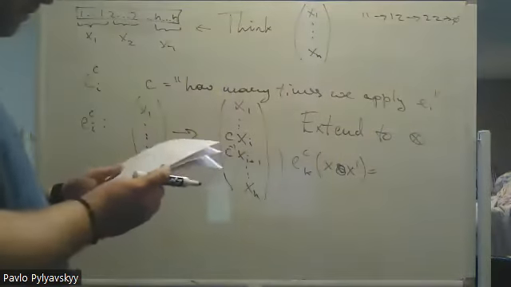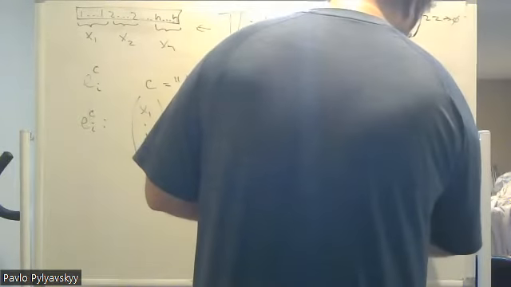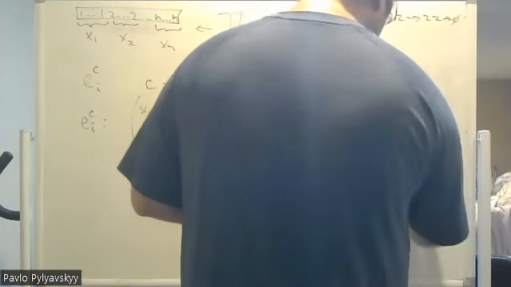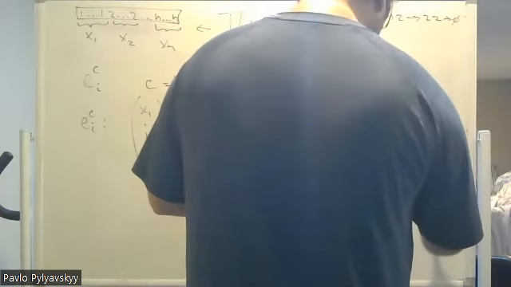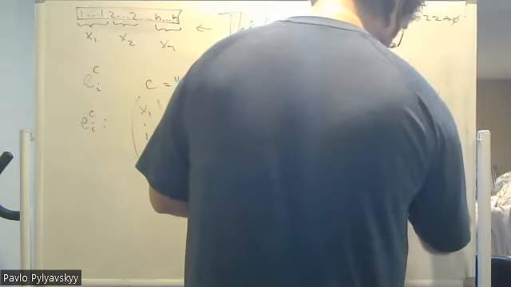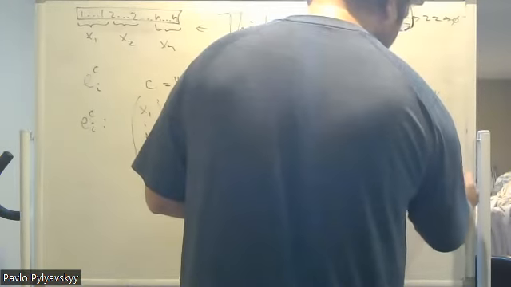So the answer is as follows. It splits this parameter c. It acts with some chunk of it, which we call c plus, on x, and then it acts with the remaining part, c minus c plus, on x prime.